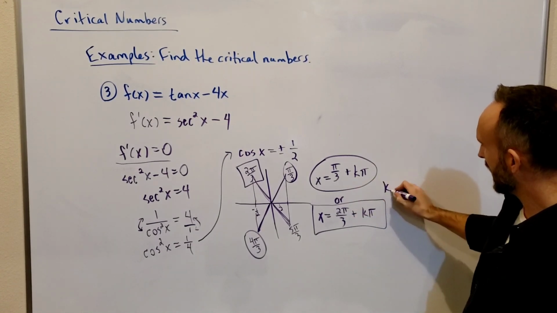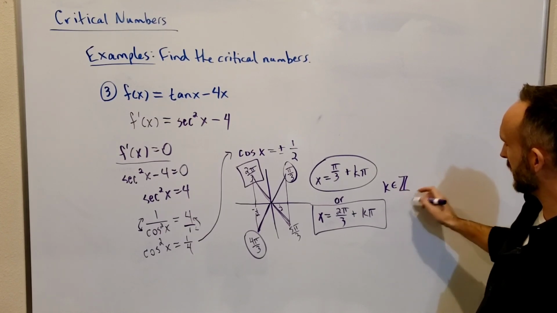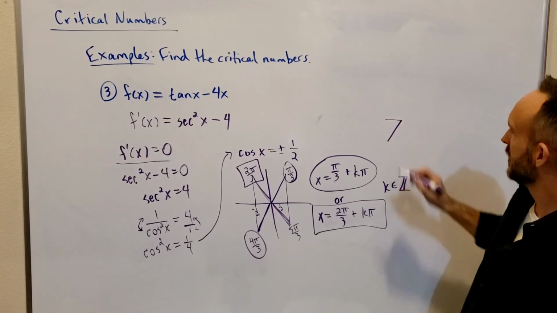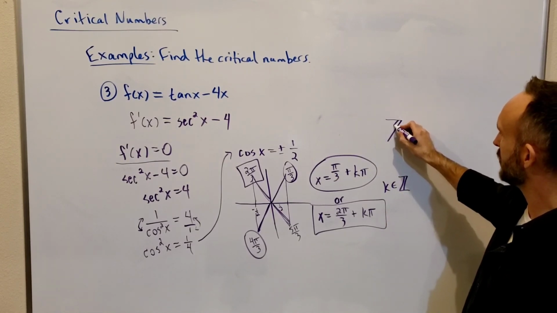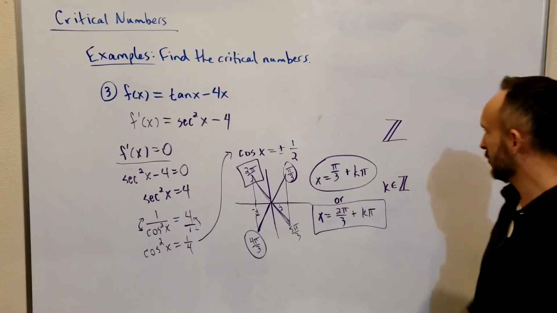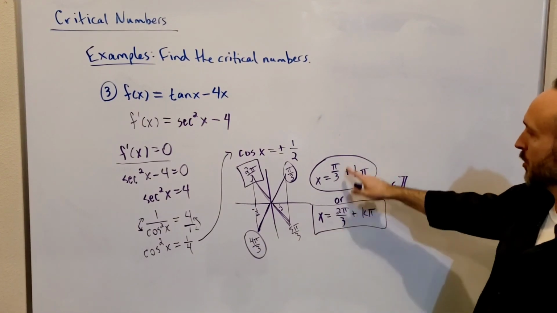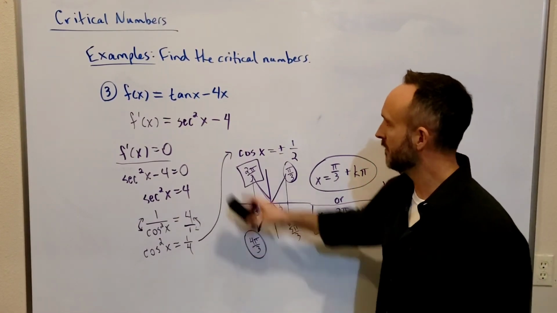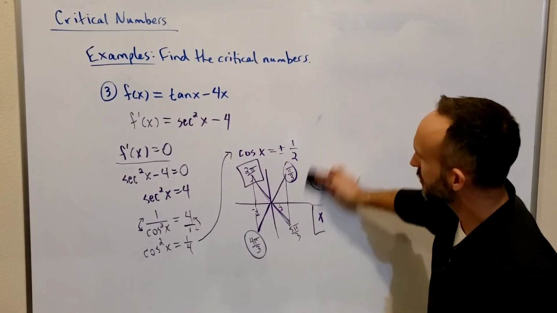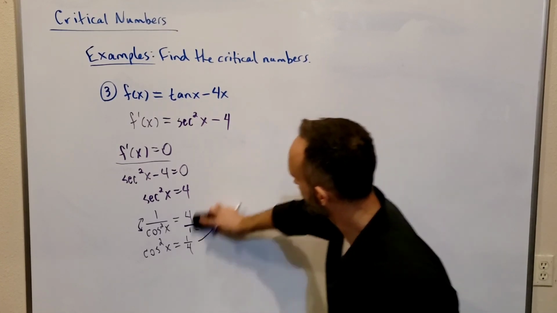And again, k here is an element of the integers, which we write as this fancy Z. The way I drew that was, I did the top half of my Z, then I came up here and mirror imaged that in parallel to that diagonal. Okay? So k is an integer. So those are critical numbers of this blue function, tangent of x minus 4x. But we still need to explore where the derivative does not exist. So let's do that next.